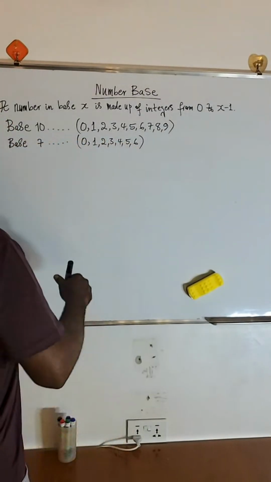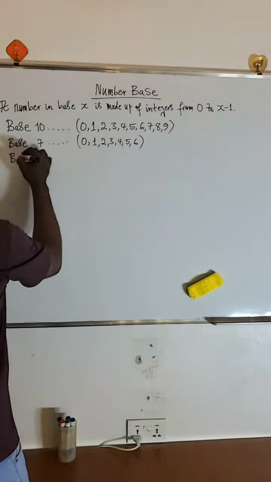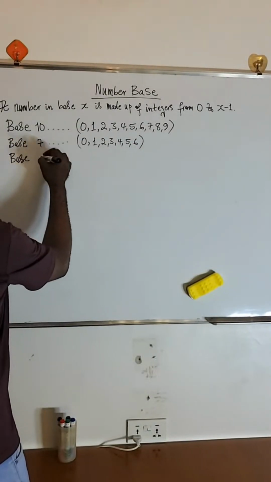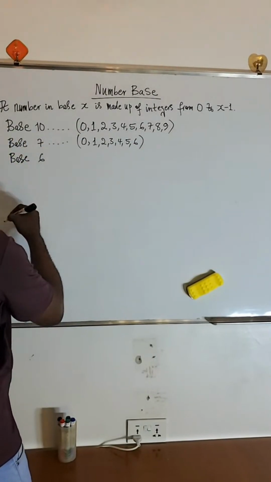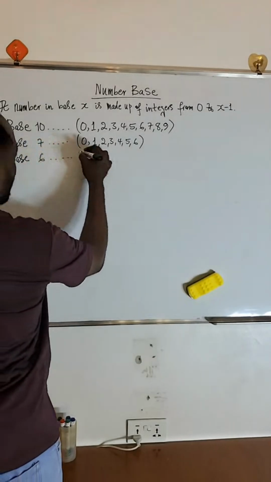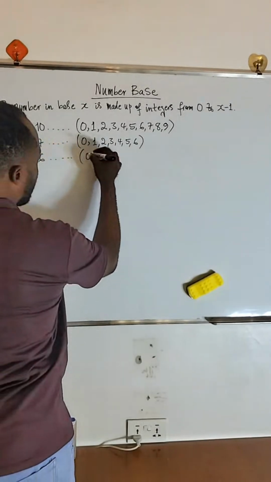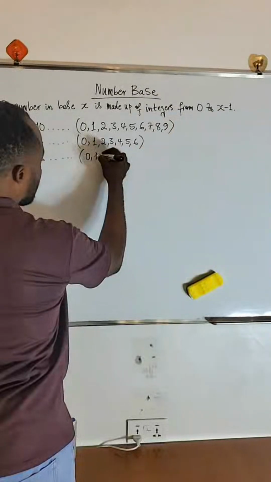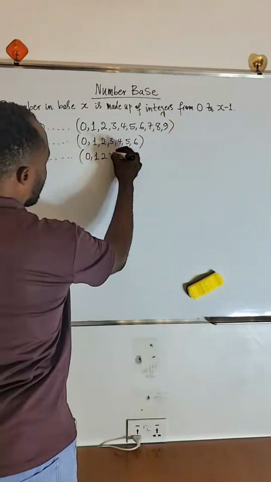All right. So if you are working in base, say, in base 6, in that case, you can only have integers from 0 to 5.